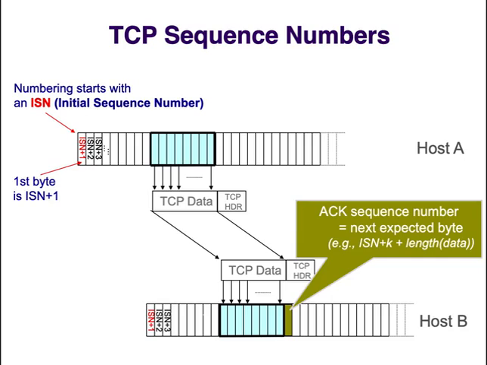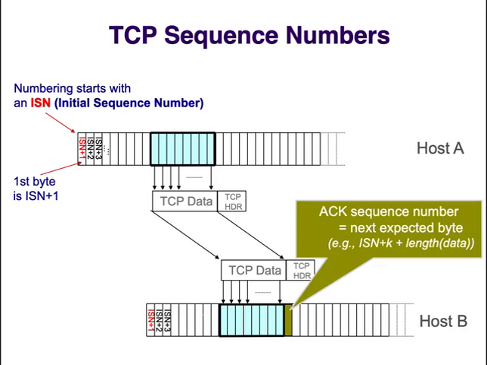It's what we call the next expected byte. So in this picture, if the receiver has received all bytes up to this point, whatever the offset is for that green byte, that is what the acknowledgement number is going to tell you. Any questions on just clarifying what this is doing? I'll get into why in a minute.